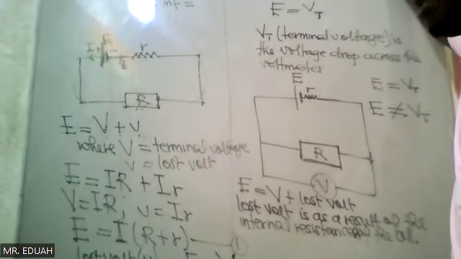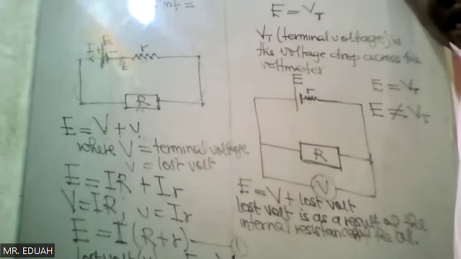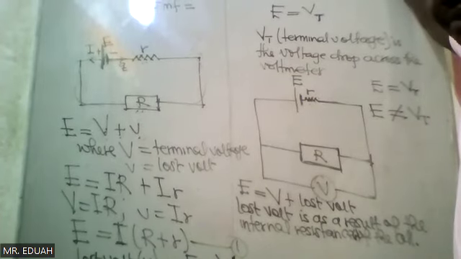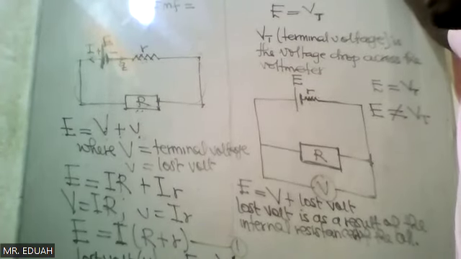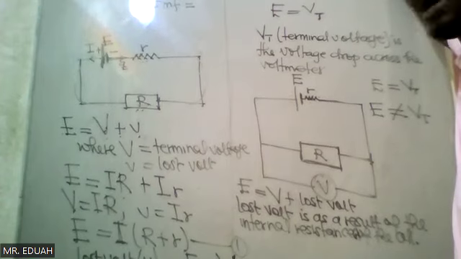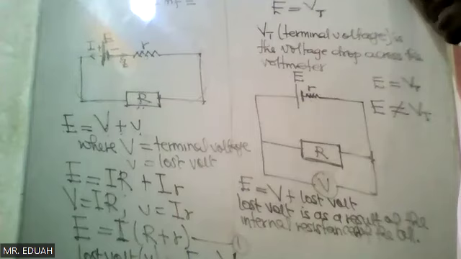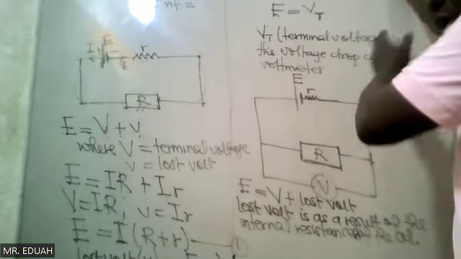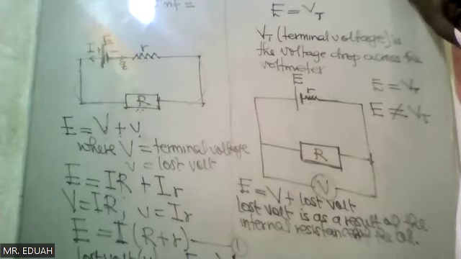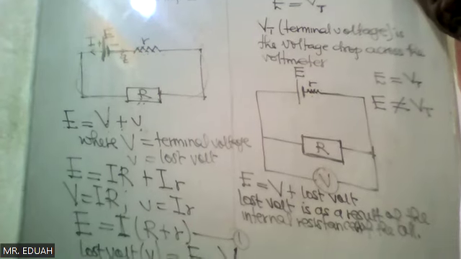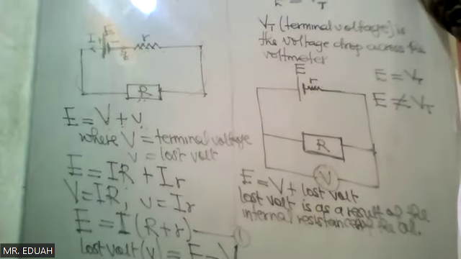That is the definition of EMF of a cell. Because it is similar to the voltage drop across the battery, its SI unit is also expressed as volts. Please, is that clear?